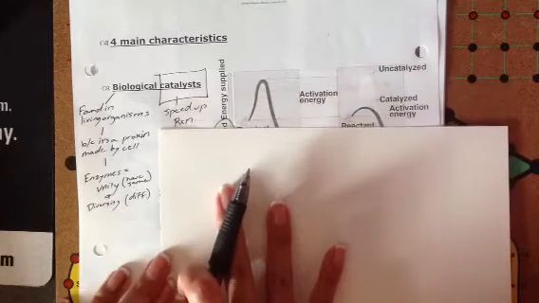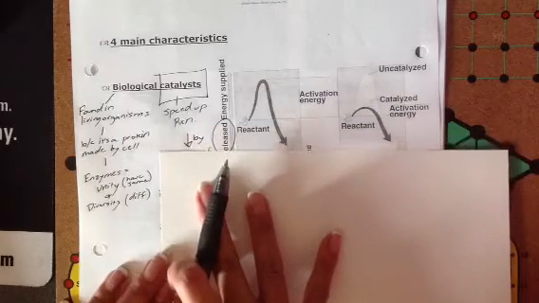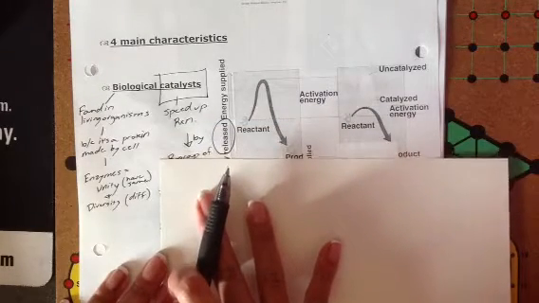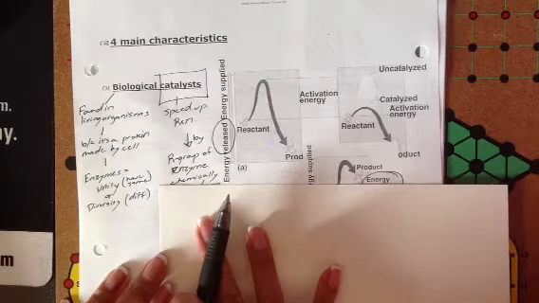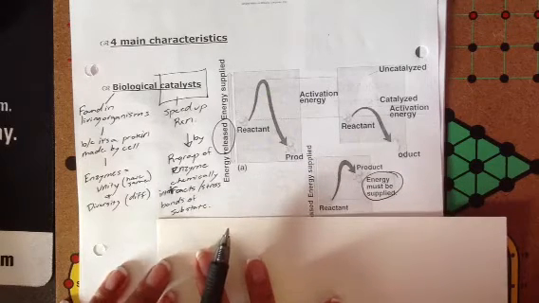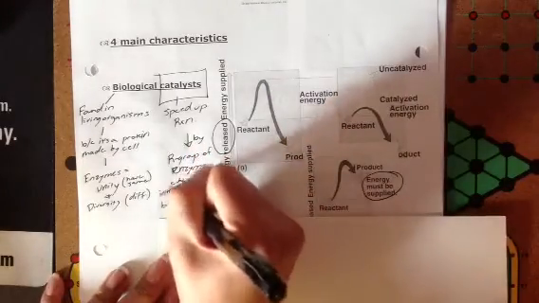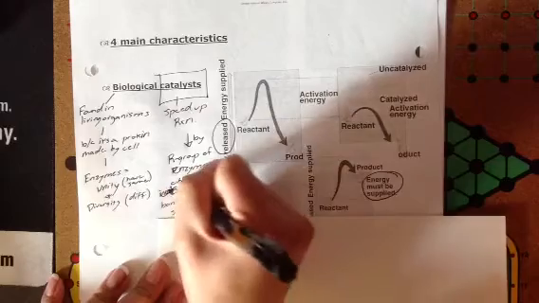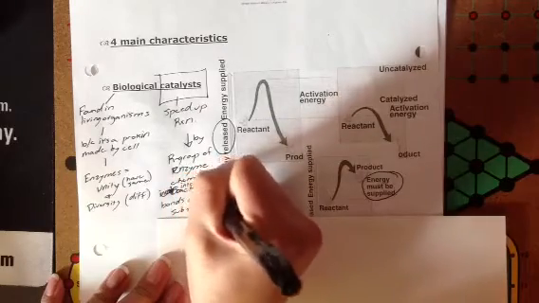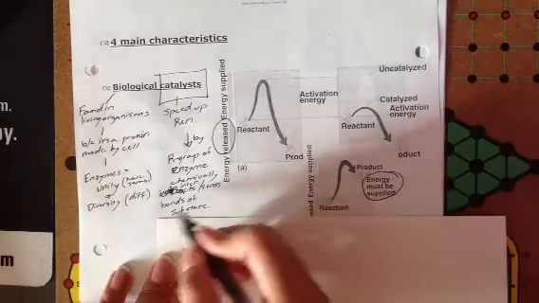But if you're a biological catalyst, this means that you speed up chemical reactions. And enzymes are able to do this due to their R group. So the R group of an enzyme is going to chemically interact, and I know this looks horrible, but it's going to interact or stress the bonds of the substrate.